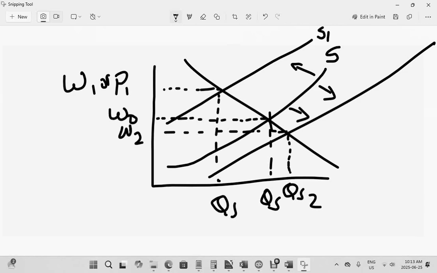So when it shifts to the left to QS1, you have fewer employees working for a higher wage. When it shifts to the right, because the cost of production goes down and the production goes up, you will have more employees working at a lower wage.